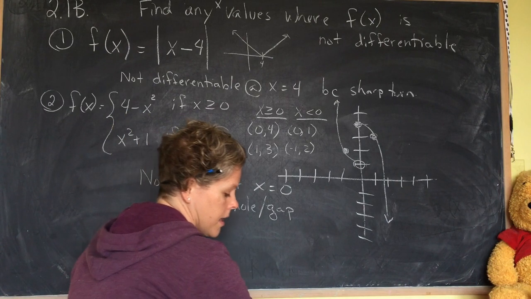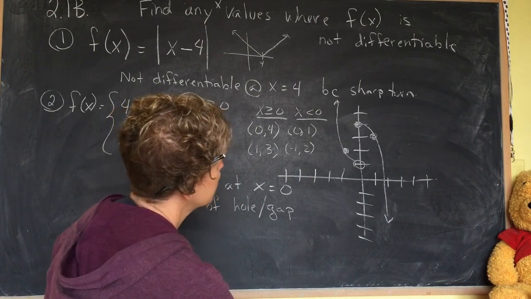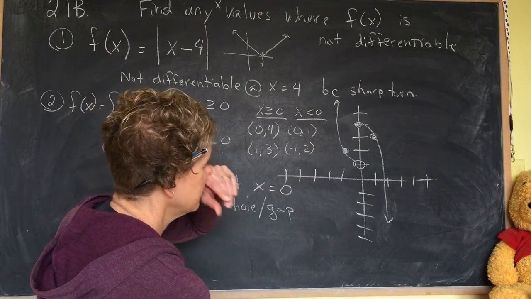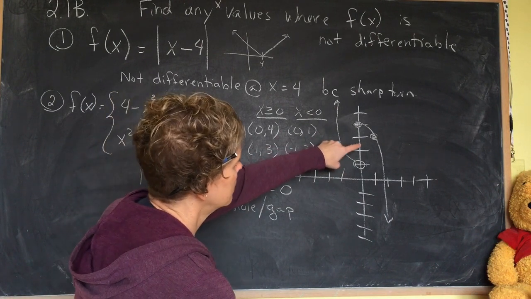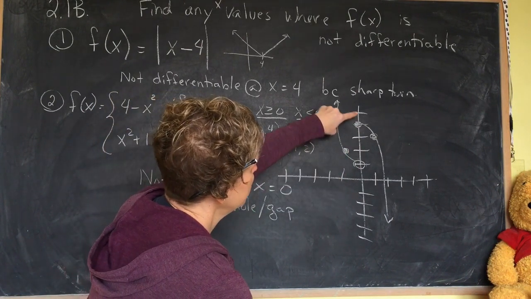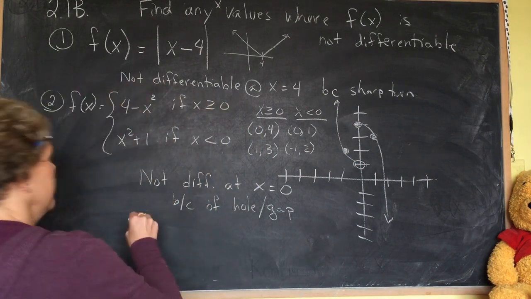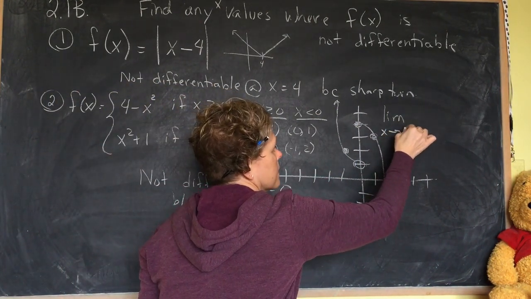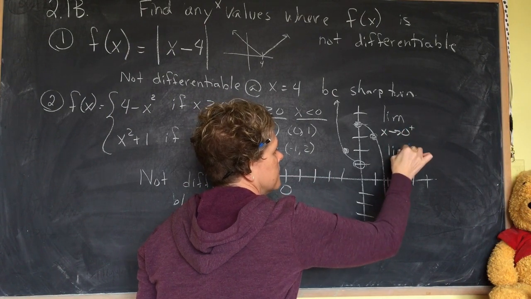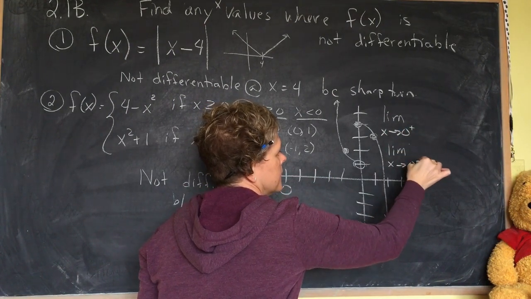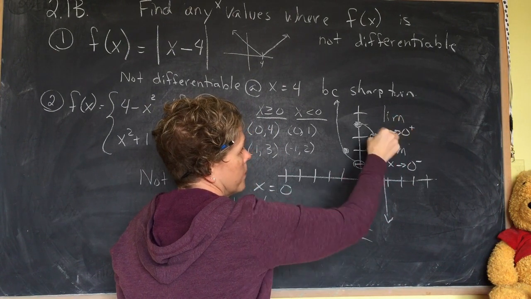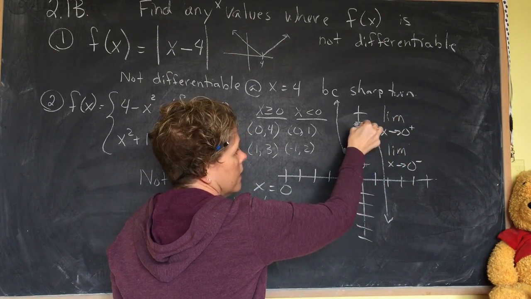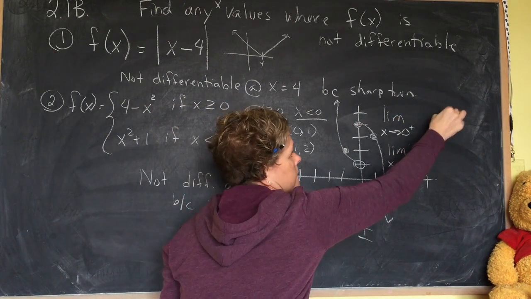Let's look at this first. What is the limit at 0? If I'm on the right-hand side, the limit from the right-hand side, walking on this side, I get a limit of 4.